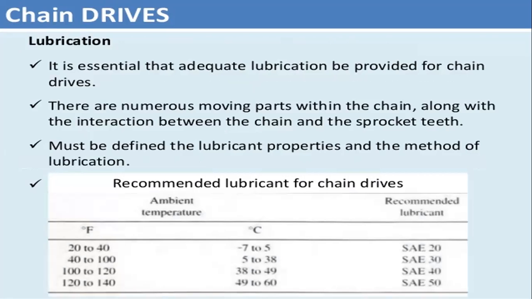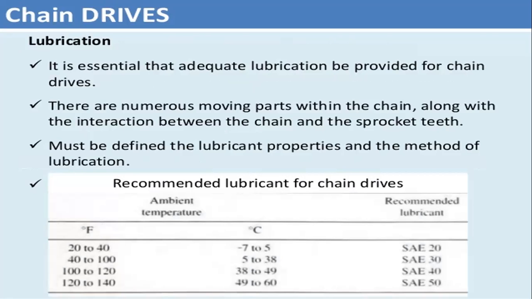Next one is the lubrication. It is essential that adequate lubrication is provided for the chain drives. So you need to lubricate the chain at regular intervals of time. There are numerous moving parts within the chain, along with the interaction between the chain and the sprocket teeth.